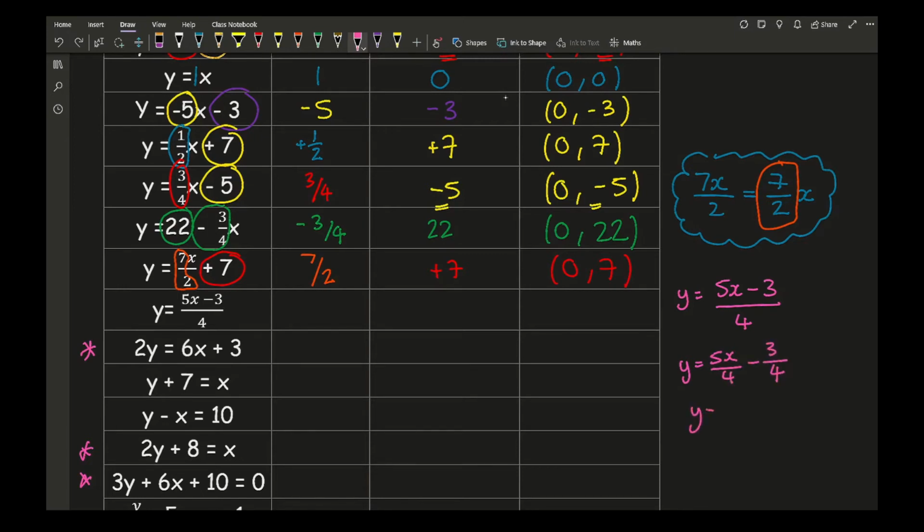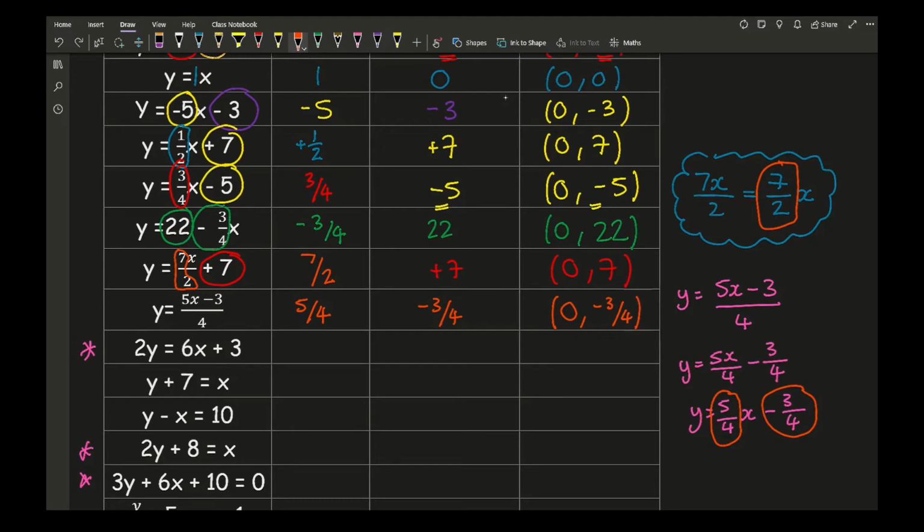And then I can write that as 5 over 4 x minus 3/4. So from this, my gradient is going to be 5 over 4, and my y-intercept is going to be minus 3/4. Now, would you then go on to convert that into a decimal? No, I'd leave it as a fraction. So I'm just going to have 0, minus 3 over 4, and there is the value as a coordinate.